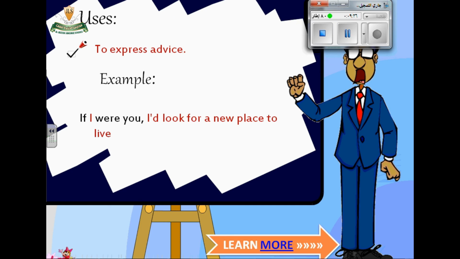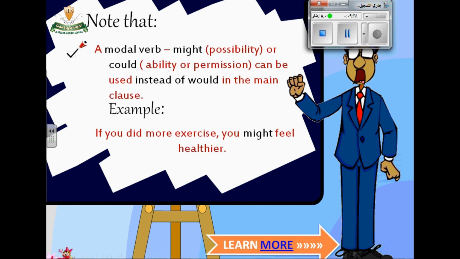For example, if I were you, I'd look for a new place to live. Note that a modal verb, might for possibility, or could for ability or permission, can be used instead of would in the main clause.